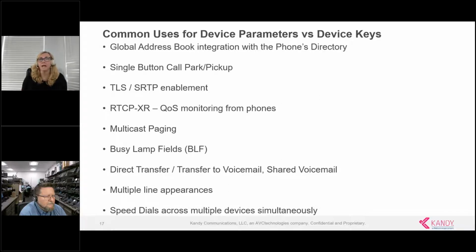If you need to have multiple line appearances, so my phone has my primary line, but maybe I need a line appearance of Sharon or Jason or Phil or whoever else on my phone, our admin interface doesn't have the ability to do that. So we have to do that through device parameters. And then speed dials. Yes, you can individually set speed dials, but if you want to set them across multiple devices simultaneously, then device parameters is probably the best way to do it.